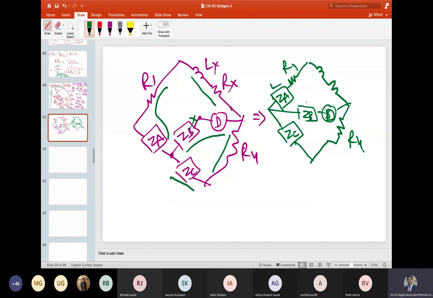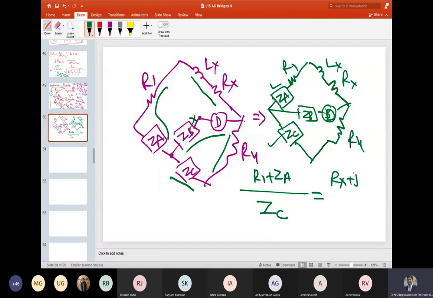Now we know the values of ZA, ZC, and your LX, RX, and other values are now known. So now we can write the expression. What will be the equation for the balance? This will be R1 plus ZA divided by ZC is equal to Rx plus j omega Lx divided by R4, right?